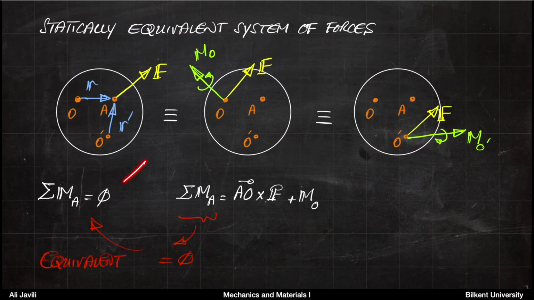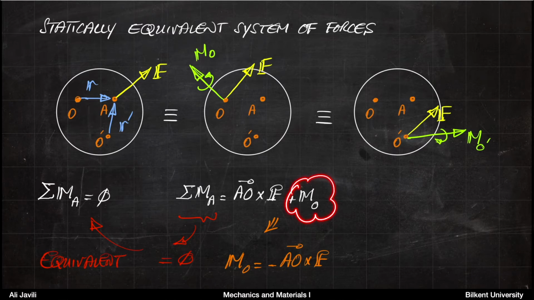The resultant moment of the first system was 0. That means the resultant moment of the second system with respect to point A must also be 0. So having said that, it essentially tells you that you need the moment with respect to point O, or moment M_O equal to minus AO cross product F. You need that much moment added to the system to ensure that the two systems are statically equivalent.